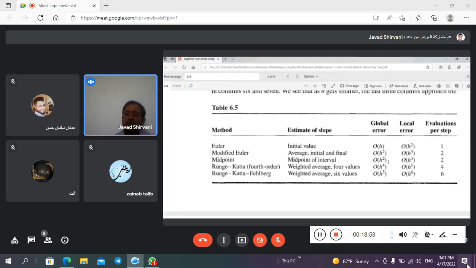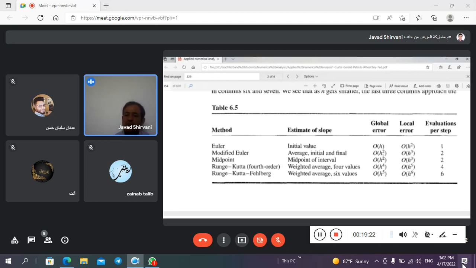In the second and the third approach, we have solutions with the accuracy of O(h^2) and O(h^3) for global and local errors respectively.